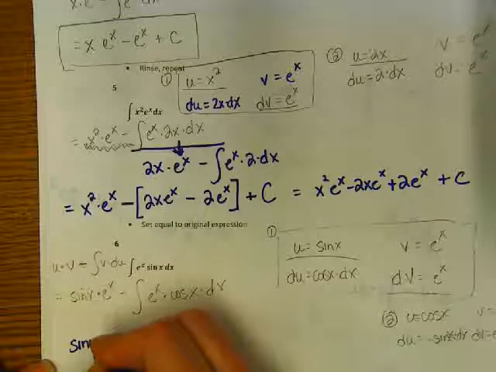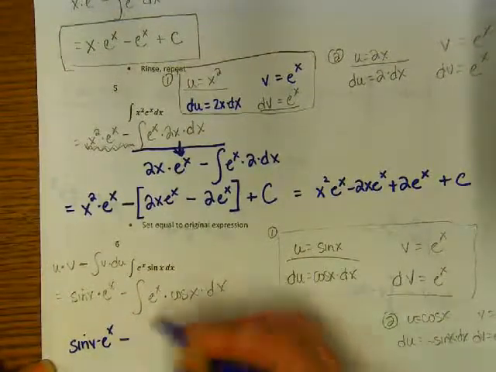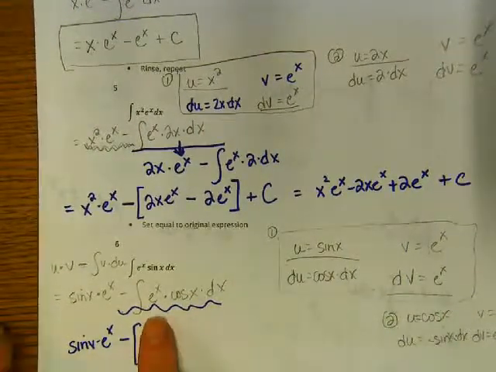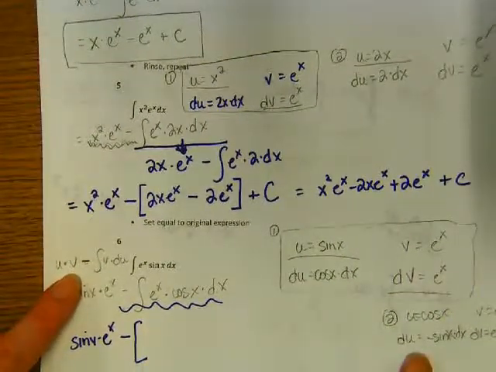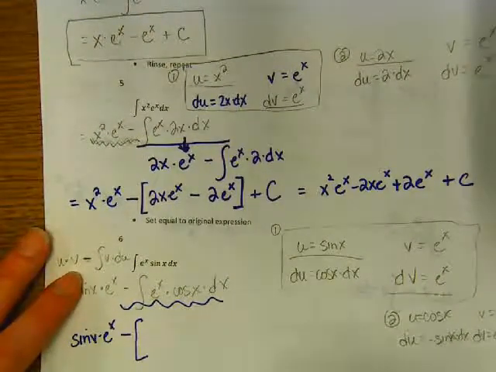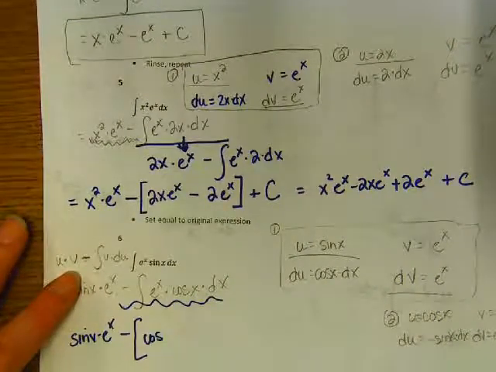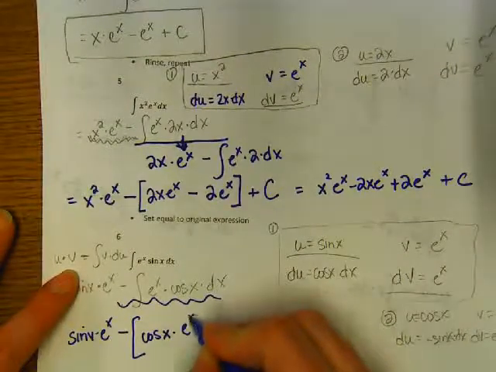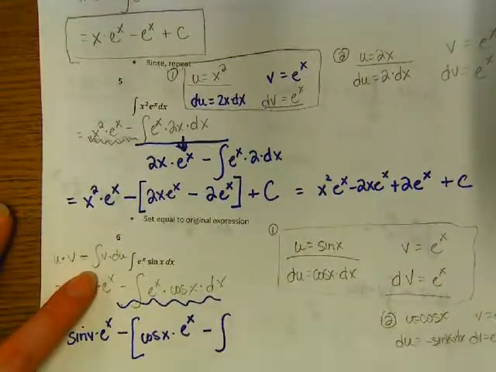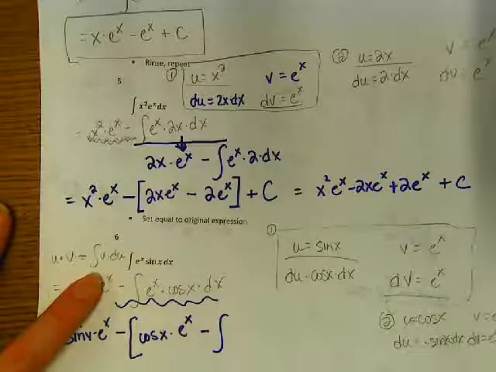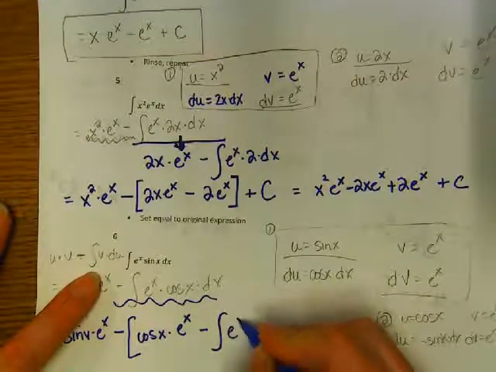But now to do this part, I'm going to do integration by parts again. So I write u times v with my new little guy. What's u times v? Times e to the x minus the integral of... Can I just do this instead of negative sine x?